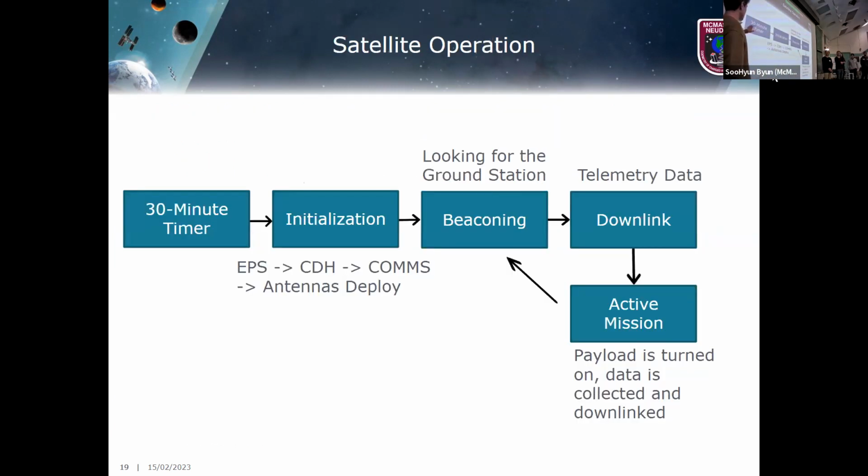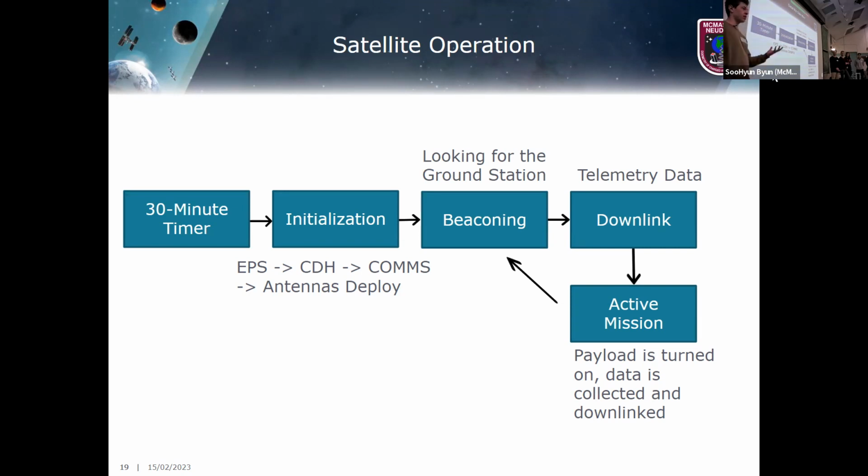Once we're out, this is what we're going to do to actually get the satellite up and running. So first, we have a 30-minute timer. That's just to make sure we don't do anything like deploy antennas in the way of the International Space Station. That would not be good, and they get pretty mad at us for that. Once the 30-minute timer goes off, we boot up, so the power system will turn on, make sure everything's okay, at which point the CDH, the brain, comes on.